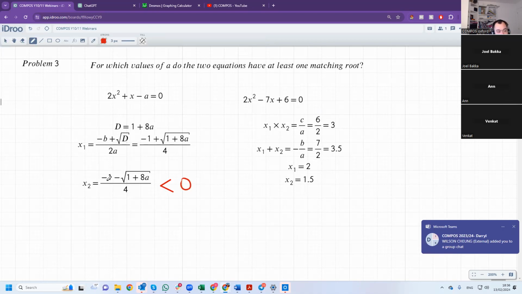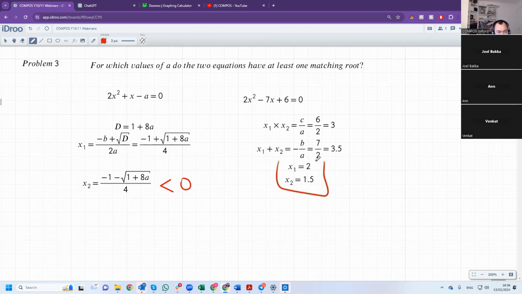And therefore, only x1 can match. Does everyone understand what I'm talking about? Because x2 is negative and x1 can be equal to that.